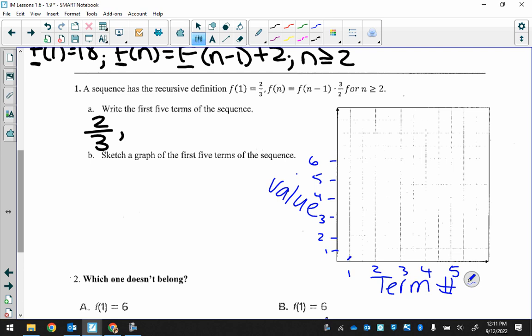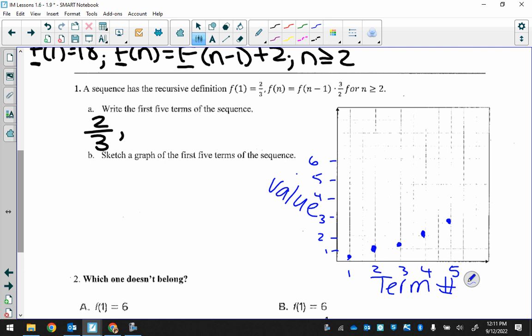So, 1 2/3, 2 1, again, hard to see, 5, somewhere up here. Okay, so you see this graph. And again, it's going to look better on my key or in front of you.